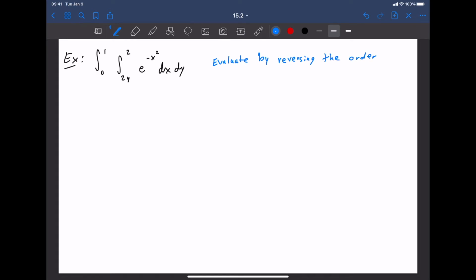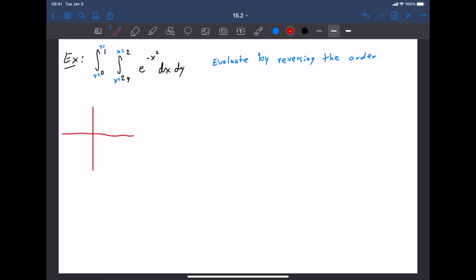Now, how can I possibly reverse the order? First, notice that these are x bounds. And of course, that would mean these are y bounds. Make sure you're clear about why that's the case. Then we're going to draw the region that that's describing.